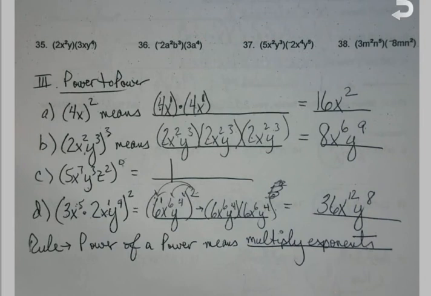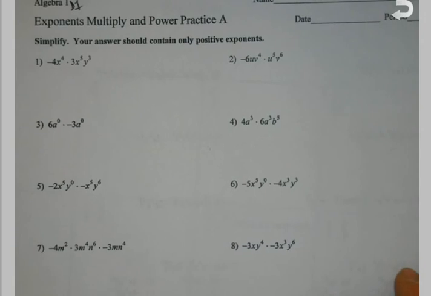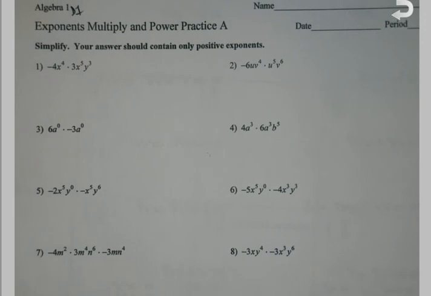So what I'm going to have you do to kind of get some practice, because that's, again, how any of these things are going to kind of drill into your brain. The multiplying and power practice over here. I want to do a few of these with you, just a few.